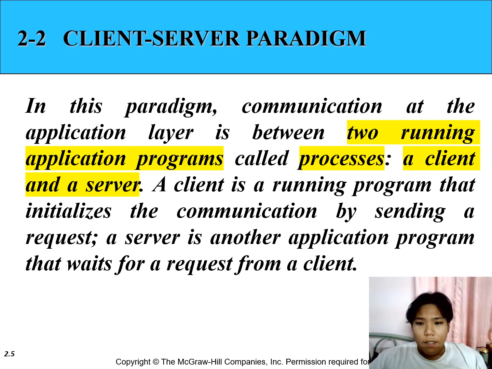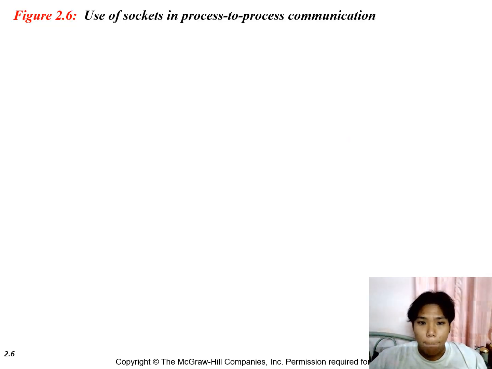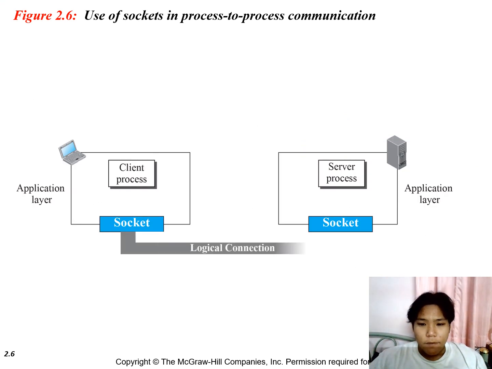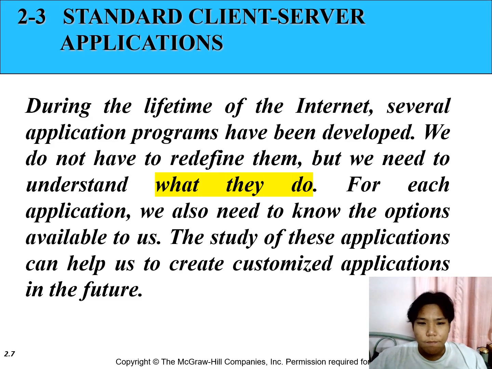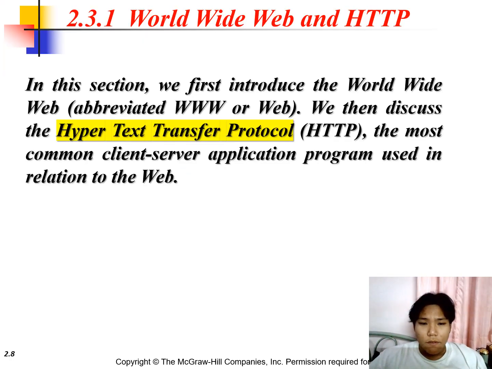The client-server paradigm is two running application programs called processes, a client and a server. And this is a socket in the application layer. So this is the World Wide Web and HTTP.